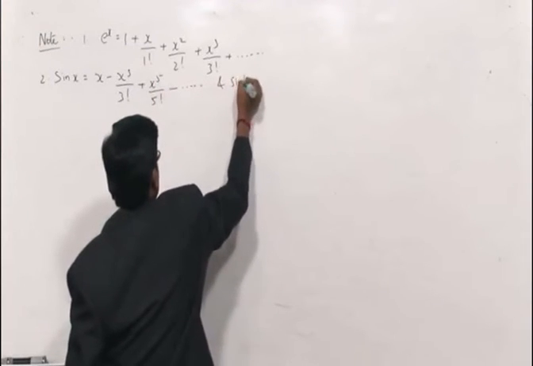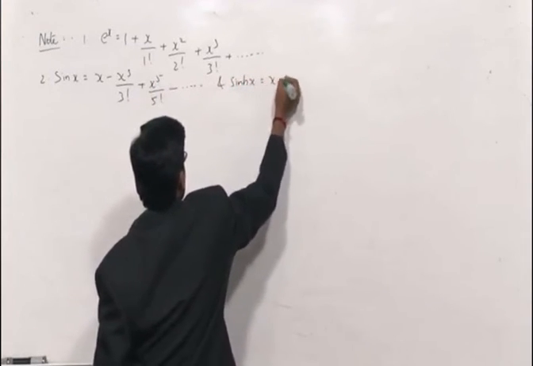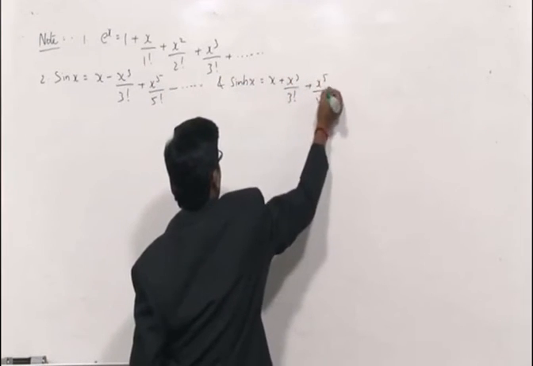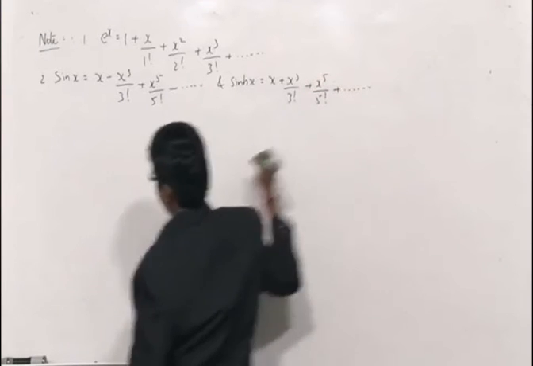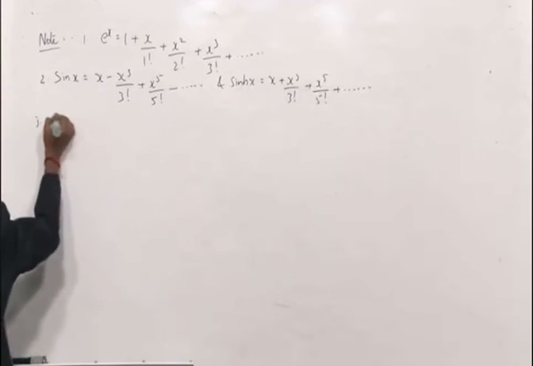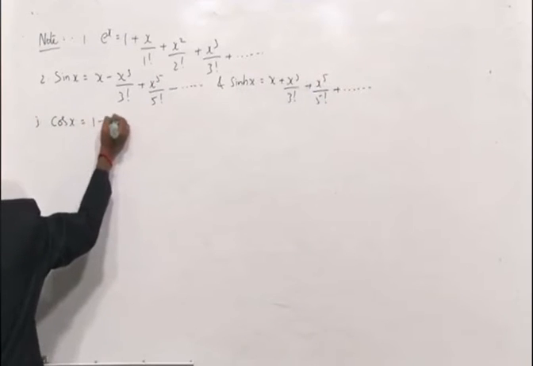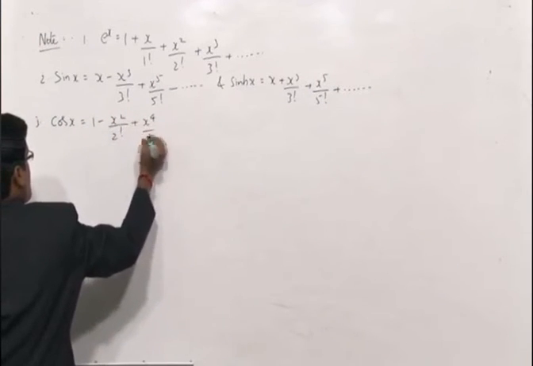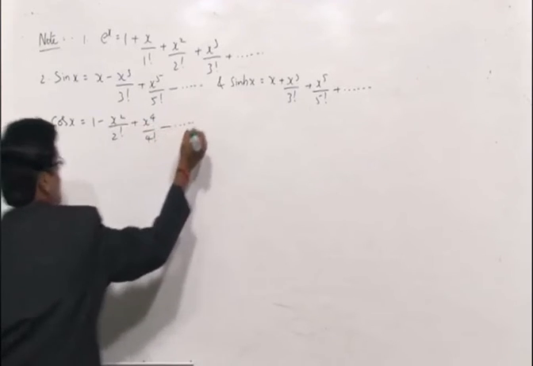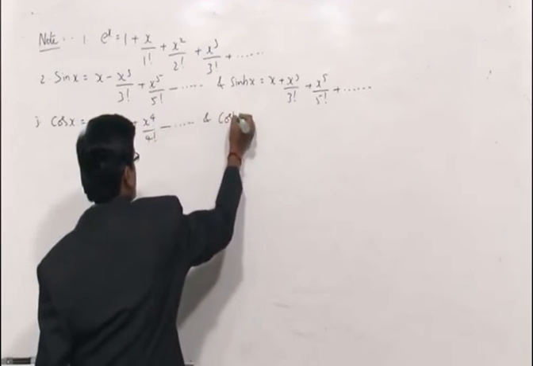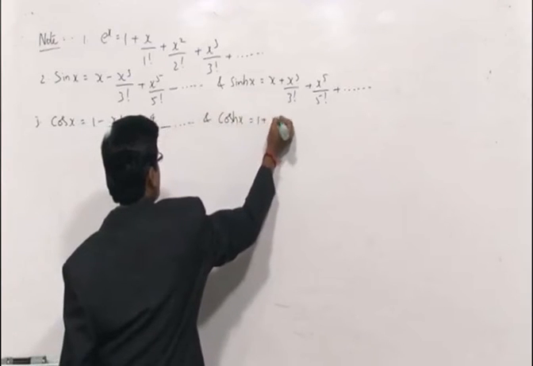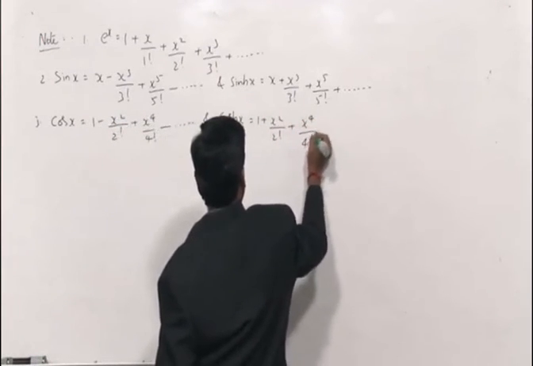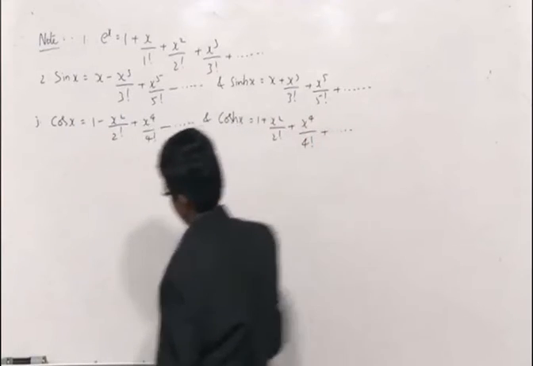And sinh x is equal to x plus x cube by 3 factorial plus x power 5 by 5 factorial plus so on. 3. Cos x is 1 minus x square by 2 factorial plus x power 4 by 4 factorial minus so on. And cosh x is equal to 1 plus x square by 2 factorial plus x power 4 by 4 factorial plus so on.